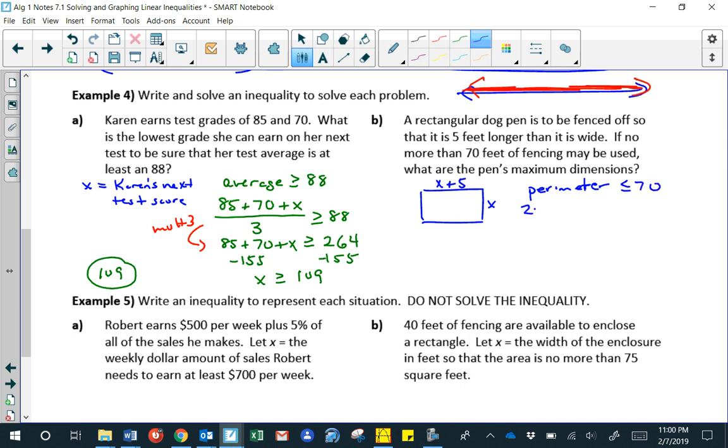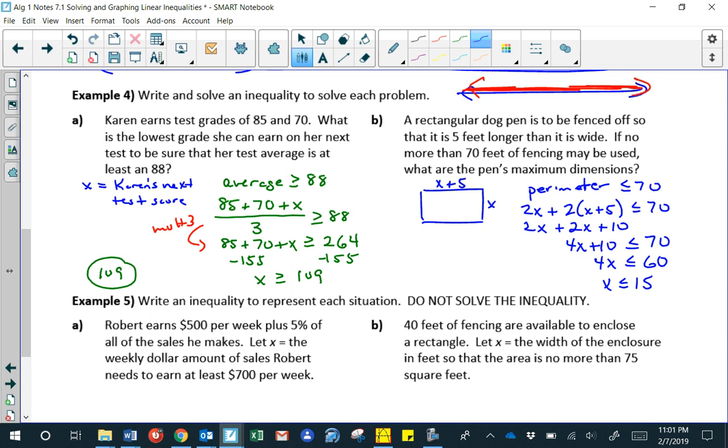So 2 times x plus 2 times x plus 5 is less than or equal to 70. That's going to give us 2x plus 2x plus 10 on the left side, or 4x plus 10 is less than or equal to 70. 4x is less than or equal to 60 if we subtract 10 from both sides. x is less than or equal to 15 if we divide by 4.